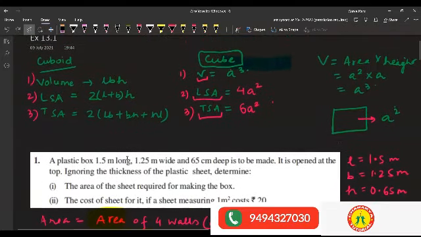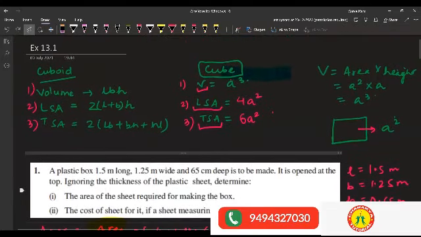A plastic box is 1.5 meter long, 1.25 meter wide, and the height is given in centimeter. First, be sure that all the dimensions are in the same unit, same centimeter or meter or whatever it is. Either you convert everything into centimeter or you can convert everything into meters.